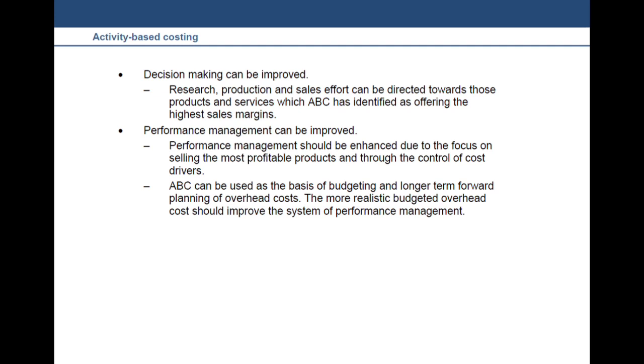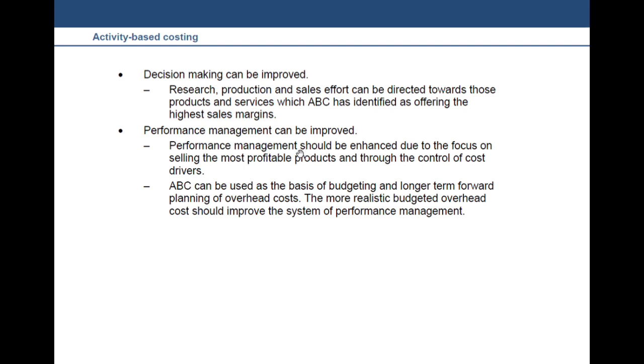Decision making can be improved. Research, production, and sales effort can be directed towards those products and services which ABC has identified as offering the highest sales margins. Again, you are able to understand how your profit is built and change your priorities there. Performance management can be improved.